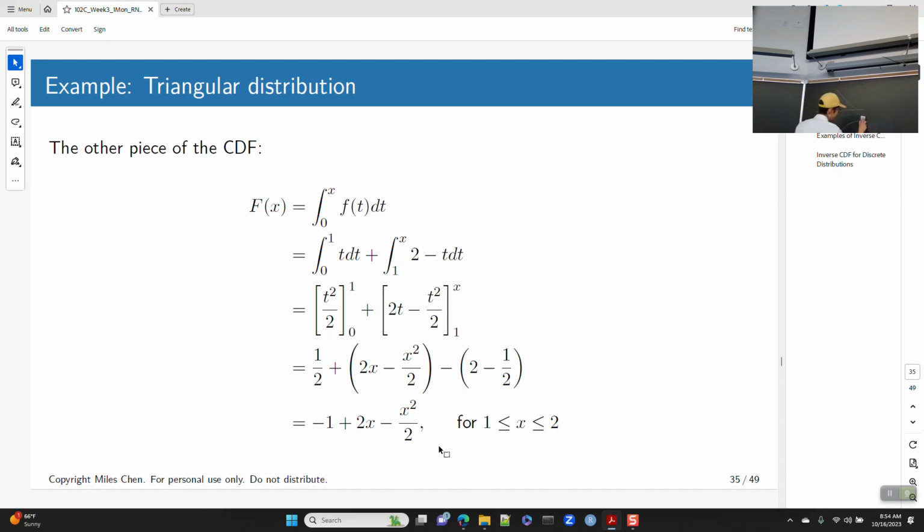So this has the function x squared over 2, and then this is 2x minus x squared minus 1 over here.